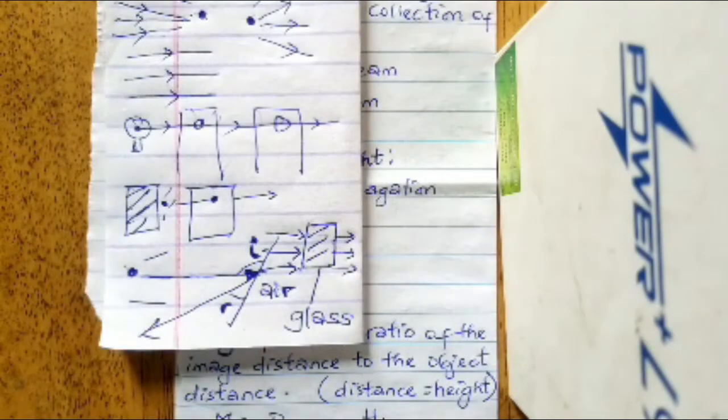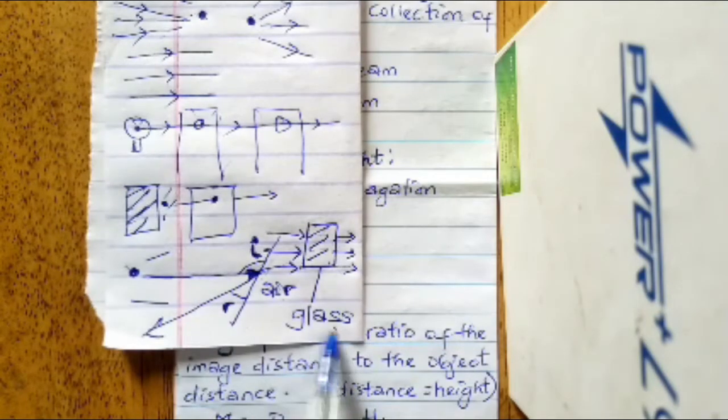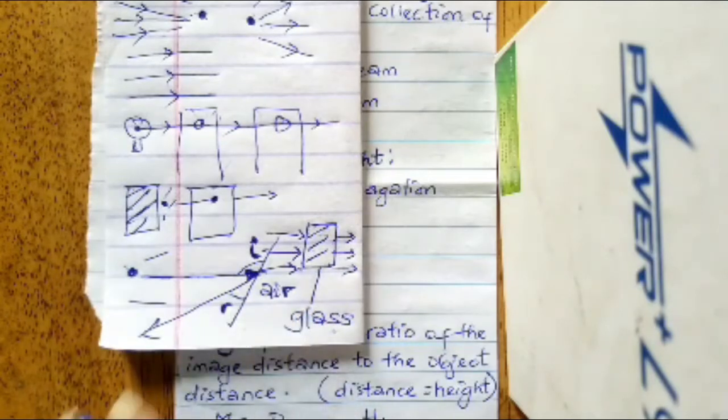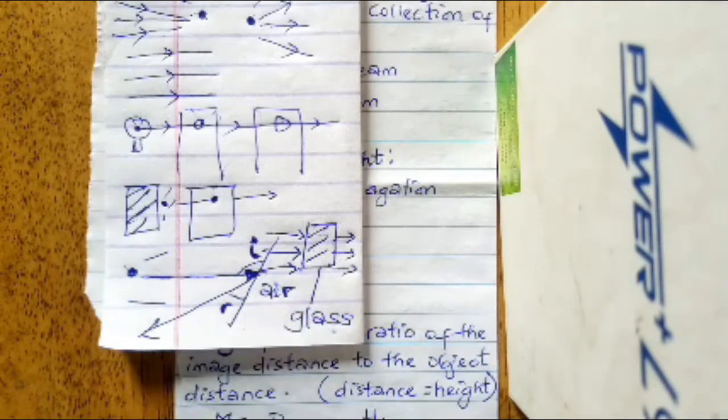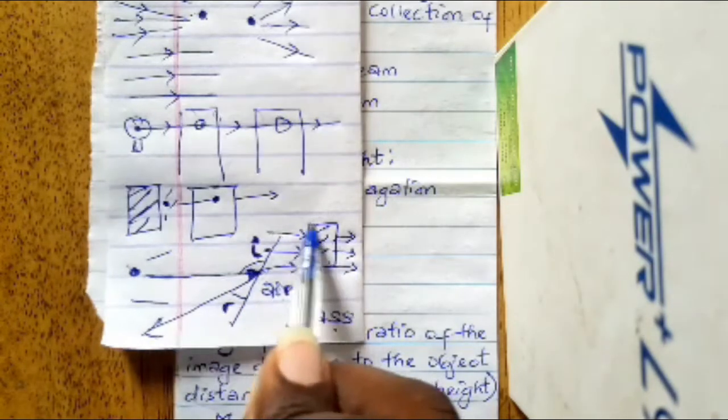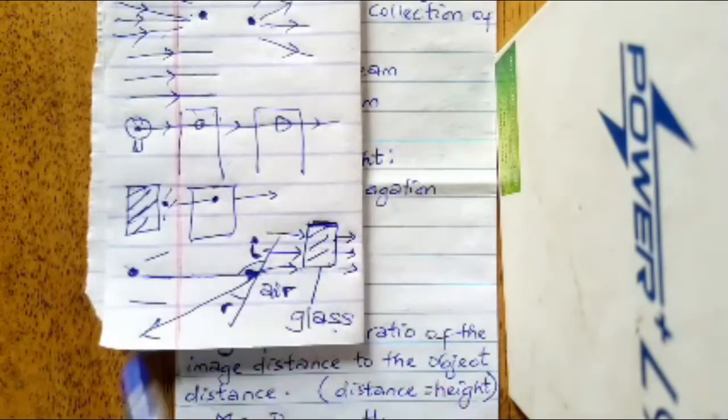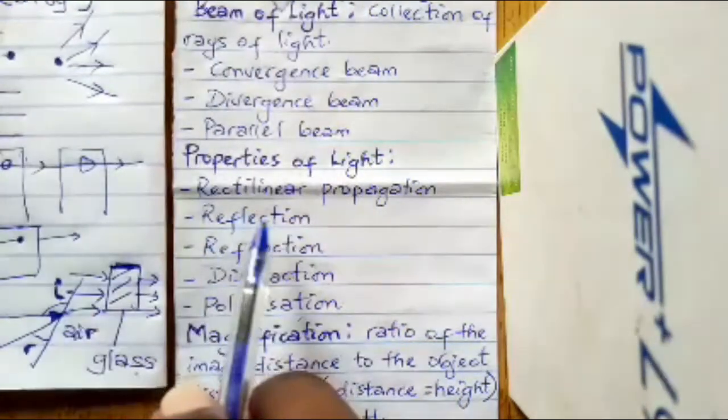Glass can transmit light waves. It is transparent, it can also be a translucent object. So light waves can move from air to glass, water to air, air to water, glass to air, etc. The extent of this propagation depends on the property of the material through which the light waves pass. So that's refraction.